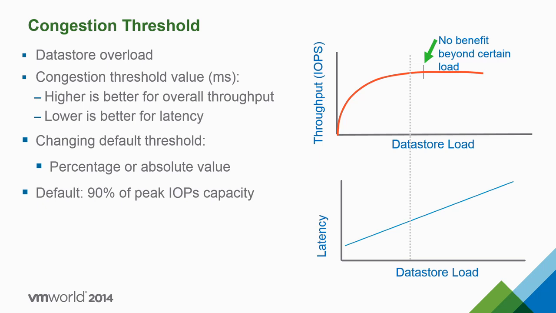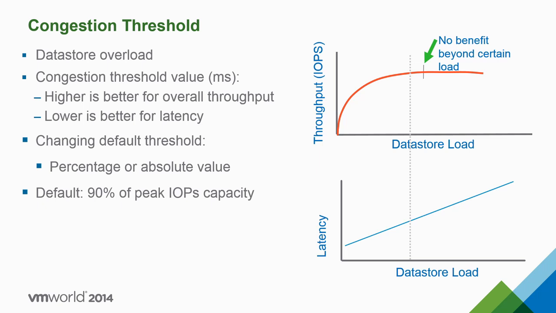So what you should typically do for Storage I/O Control is set the latency threshold to the point where the data store IOPS capacity is about 90%. Don't worry if you don't know what that capacity is; Storage I/O Control actually computes it for you, and if you do nothing, it will automatically set the latency threshold to the point where the throughput is about 90% capacity of that data store.